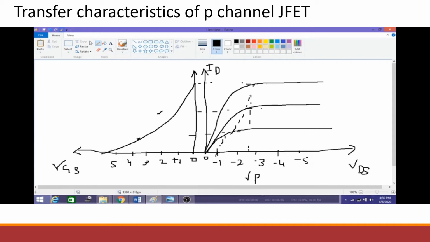When we come back to the transfer characteristics, they are plotted between VGS and ID.